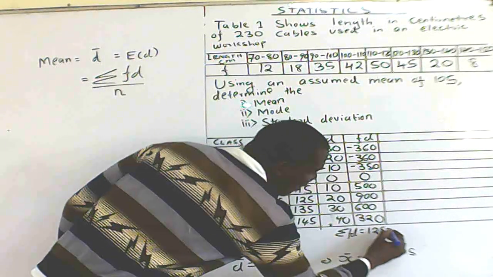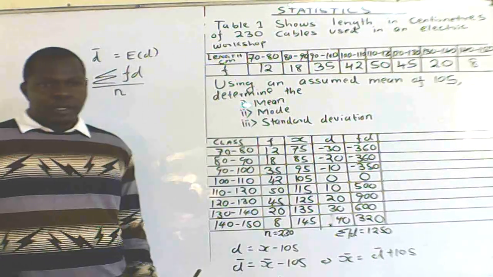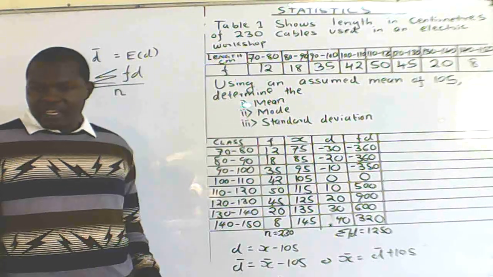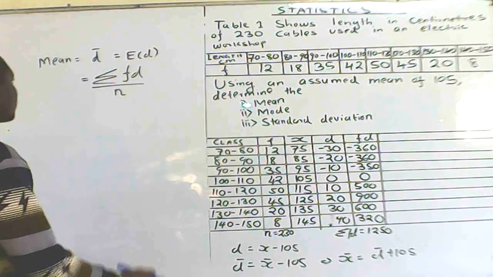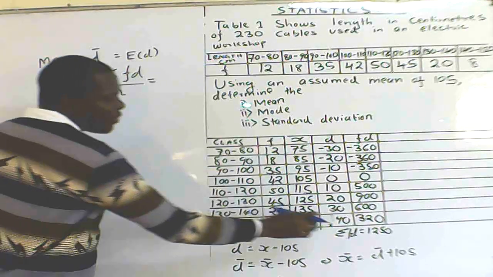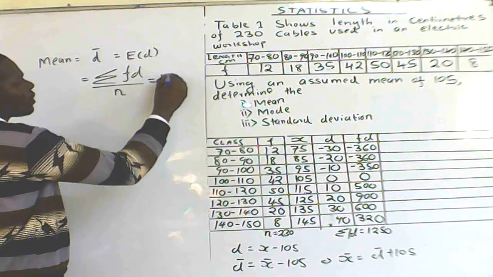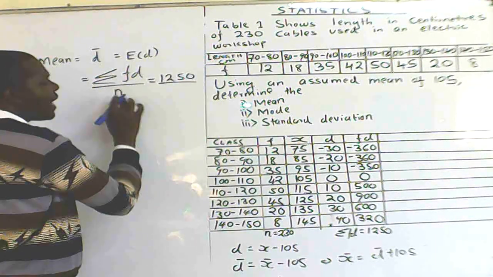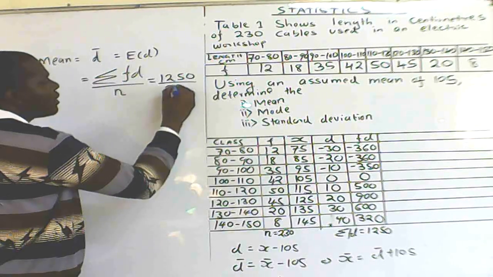Everybody has found that same value. So here, what we now do is we just substitute the values, isn't it? Yes. Summation of FD we found is 1,250.